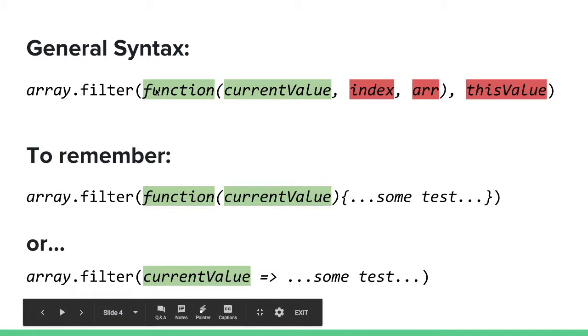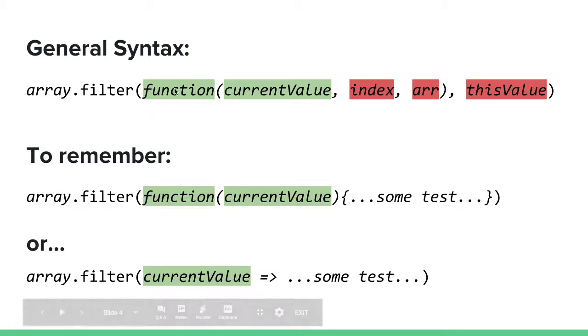So this is the general syntax. Everything in green is what you need to put in. Everything in red is optional. Today we're going to focus just on the green thing. It's expecting a function and it's taking a current value, which will be the element of the array.